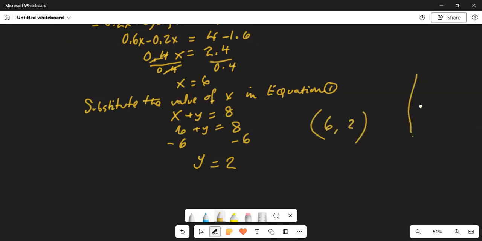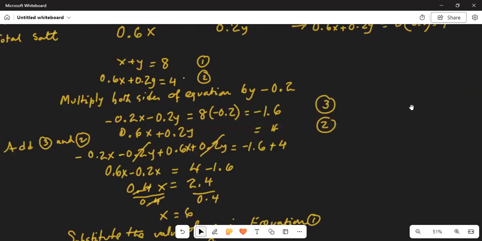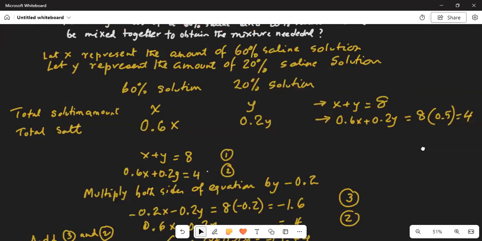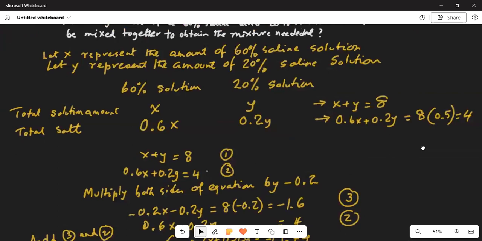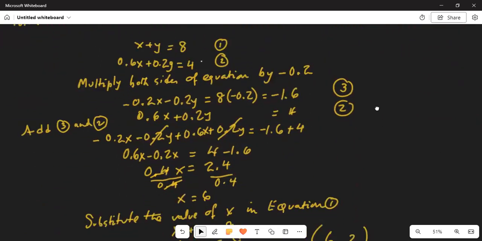Remember, X is the 60% saline solution and Y is the 20% saline solution.